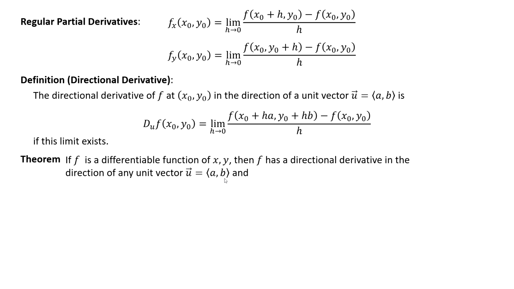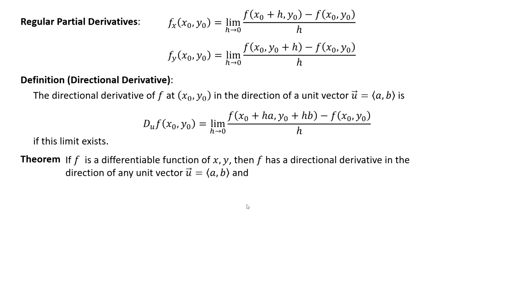Now, immediately let's look at a theorem. If f is a differentiable function of x, y, then f has a directional derivative in the direction of any unit vector u, a, b. You're guaranteed. Anytime a theorem guarantees something, that's a very powerful theorem.